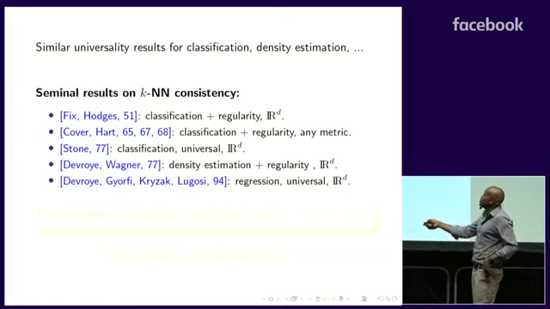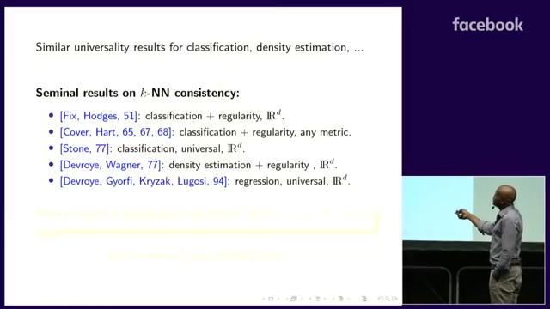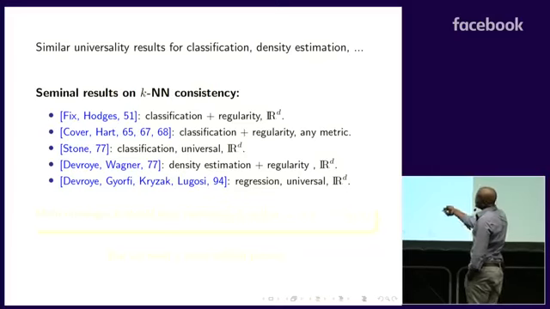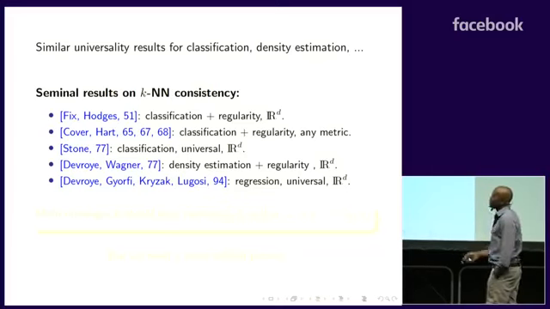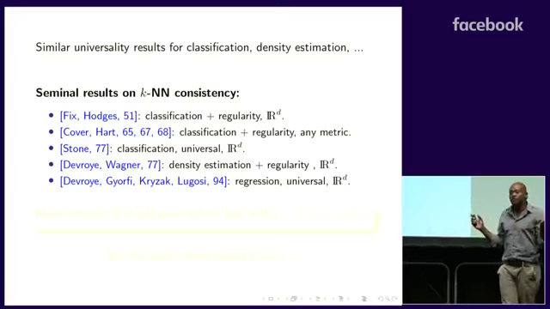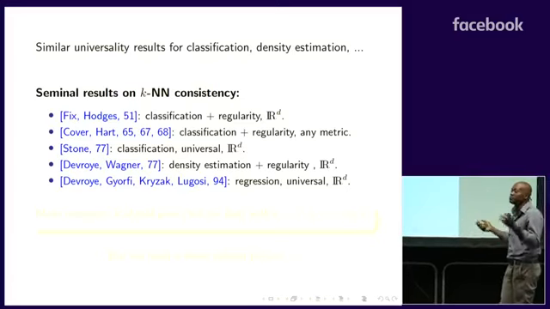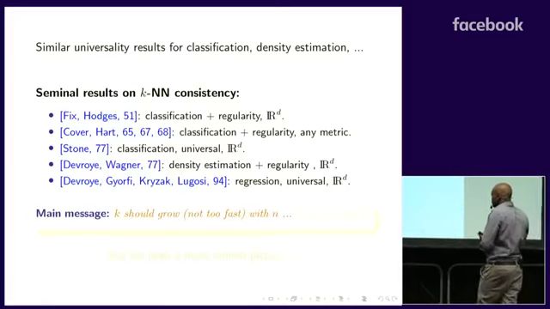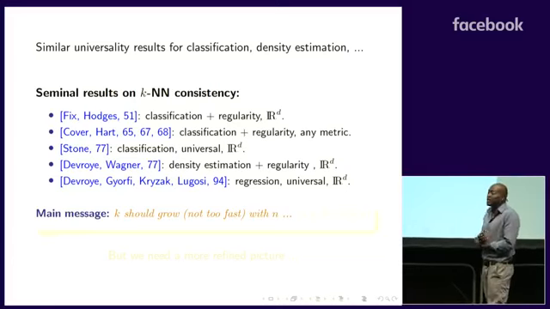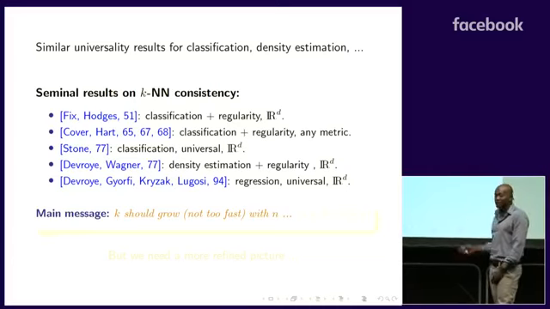And then eventually Stone removed much of the regularity conditions and was able to get it for any function, the universal consistency of nearest neighbor. And eventually there were also results for density estimation, regression, and such. So the main message here is that nearest neighbors are universal, as long as k grows with n, but not too fast.